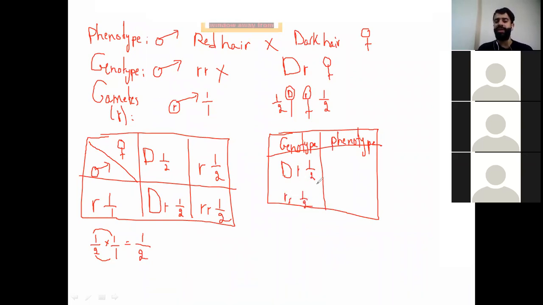So Dr gives what? D is dominant, so half of them will be dark hair. And the other half will be red hair. So 1 over 2, red hair.